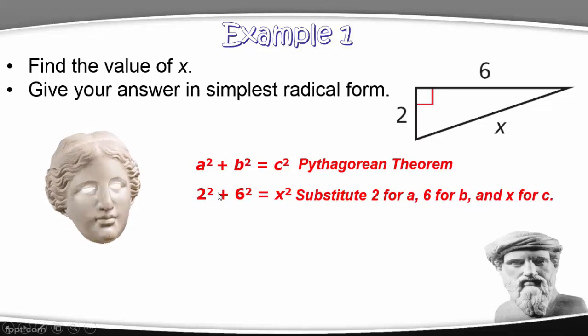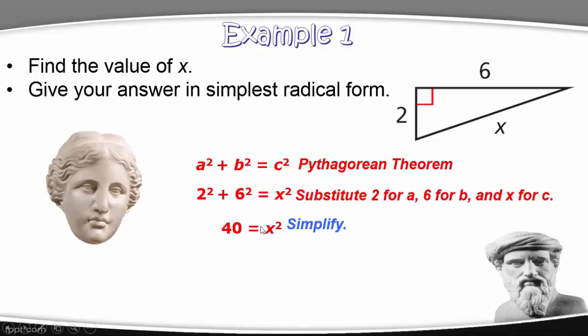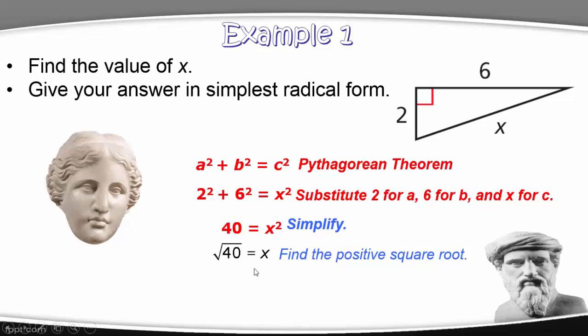We find 2 squared is 4, and 6 squared is 36. We have 40 equals x squared, and in order to get rid of the x squared, remember the rule, we'll take the square root of this, and that will give us x alone. So the square root of 40 is equal to x.